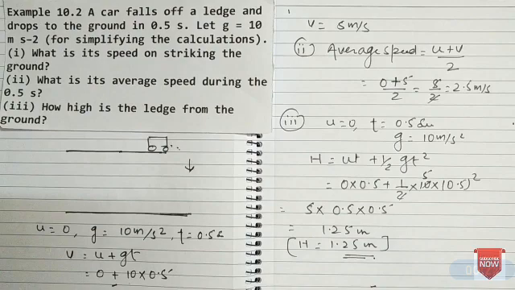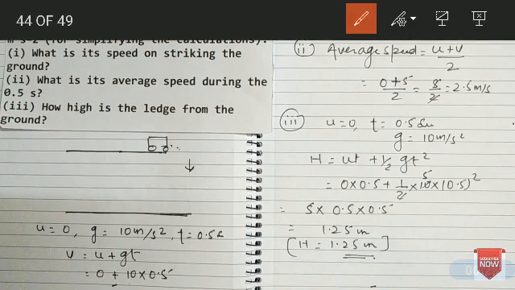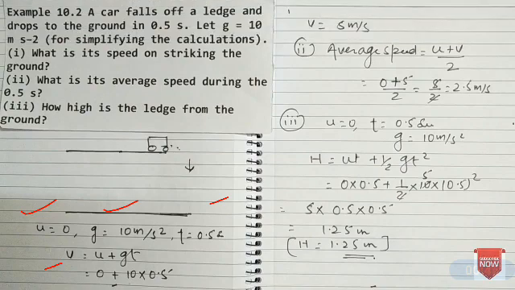So in this question, since a car is falling down, that is free fall motion, so initial velocity is 0, acceleration due to gravity is given, and time is given. We will apply the equation of motion under gravity, place the values, and we see that the final velocity came out to be 5 meter per second.